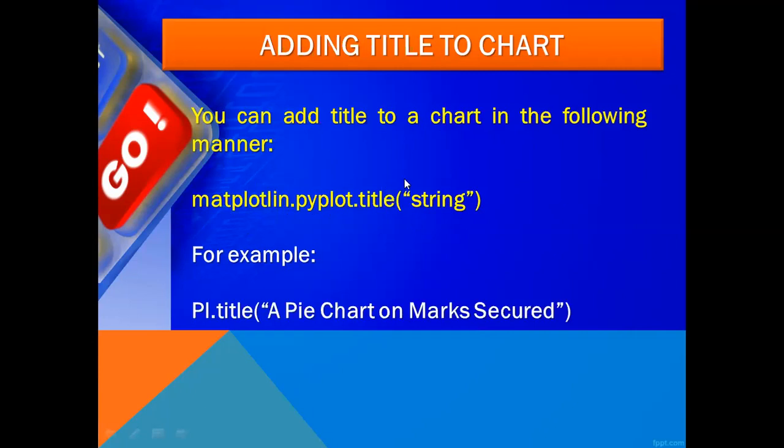This string is the title; you can write anything in double quotation marks inside round brackets. For example, pl.title. Here pl is the pyplot name. What is my title? A pie chart on the marks secured. This is the title which I want to display.